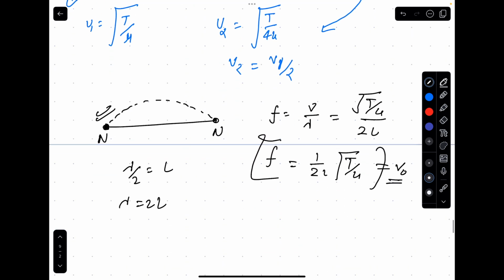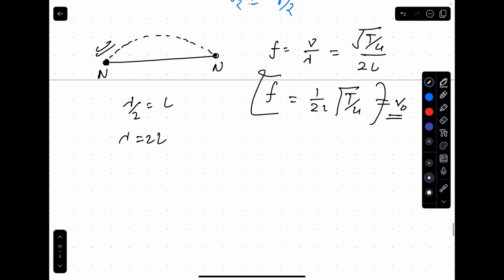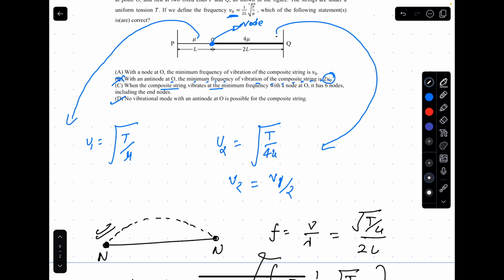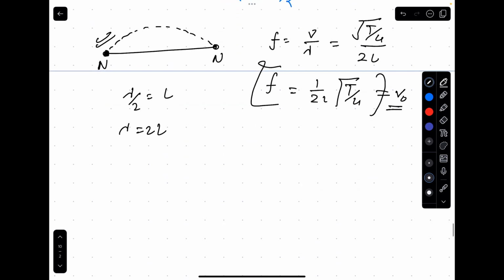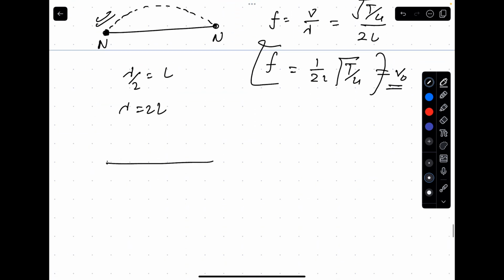Now let's see what is the fundamental frequency of this heavier string. So this is our heavier string. So fundamental frequency will be V by lambda. So when we take fundamental, this will be the node and this will be the node, total length will be 2L. So then the lambda will be 4L.